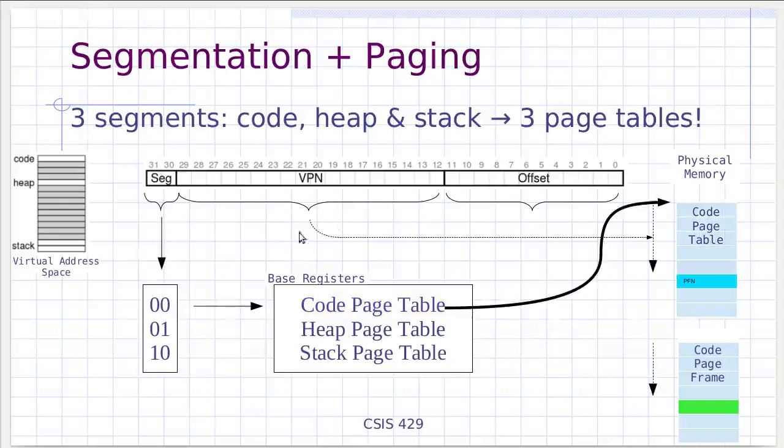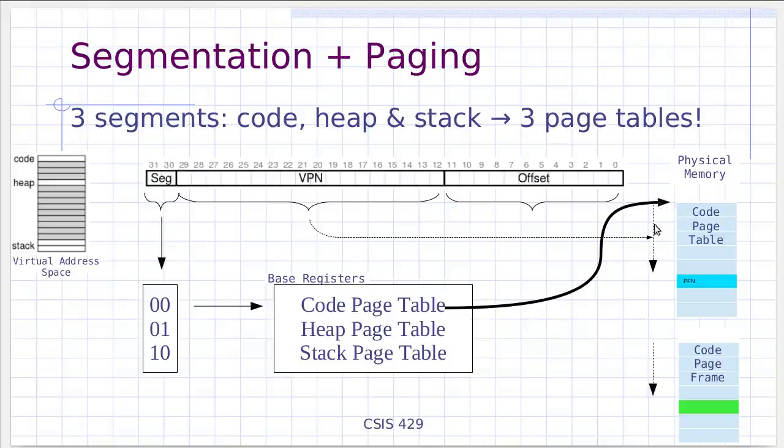How does that look? We would show it schematically this way. So once again, 2 bits of the segment will let us know which table we're going to use. And so based on that, we'll get the location of the start of the page table in physical memory. We add that virtual page number as an index into that table. So that's what this is showing schematically.